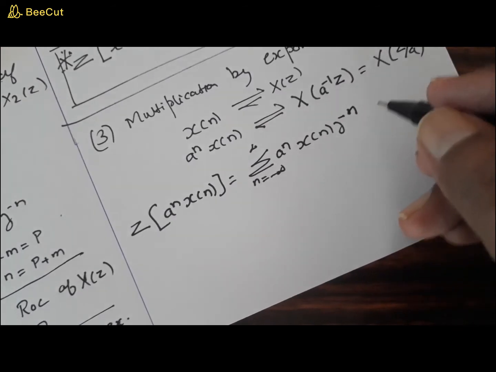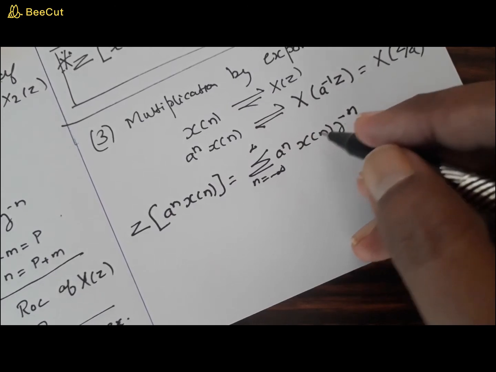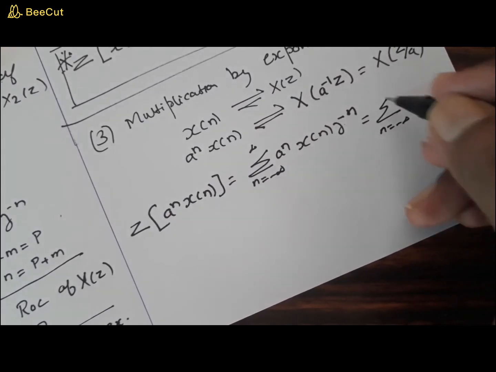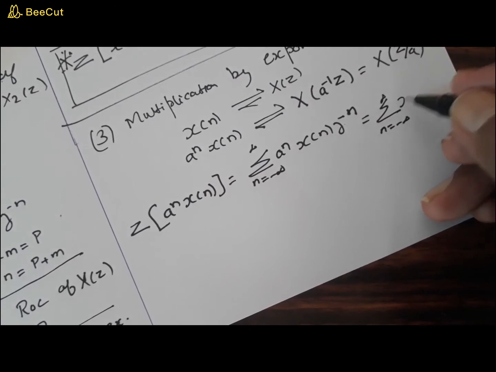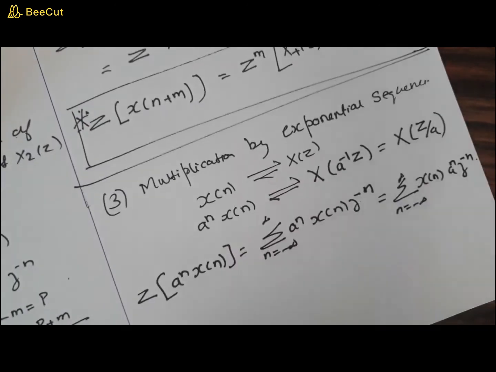Now you can combine these two terms which have powers of n. This can be rewritten as the sum of x of n into a raised to n into z raised to minus n.